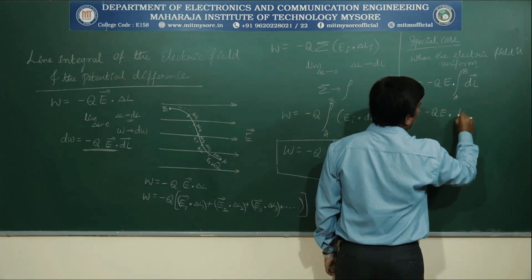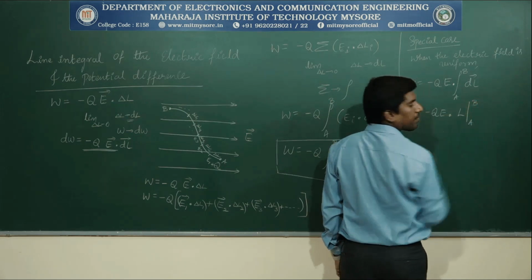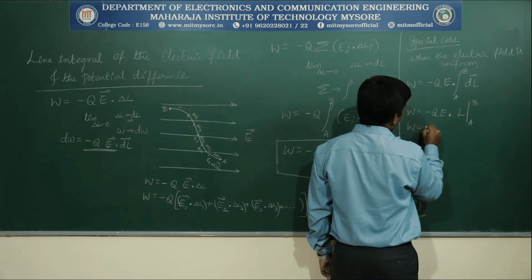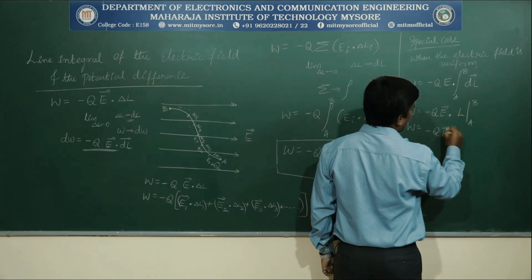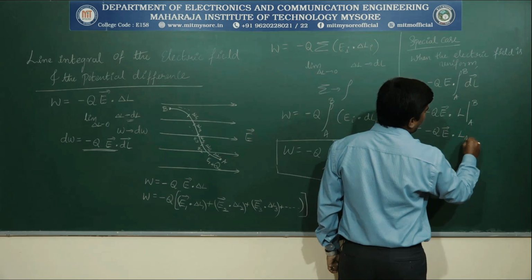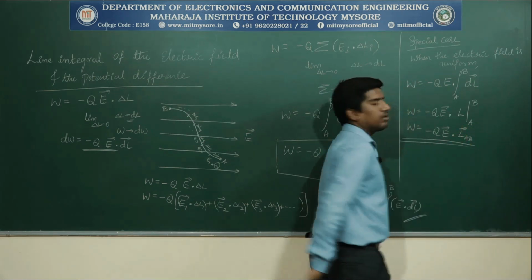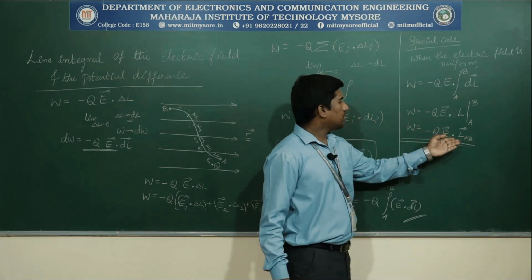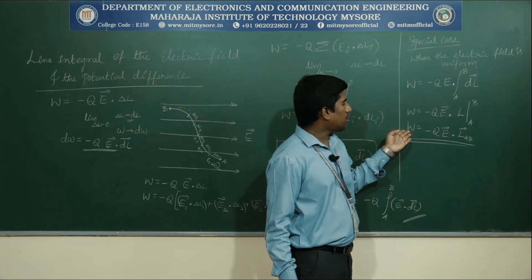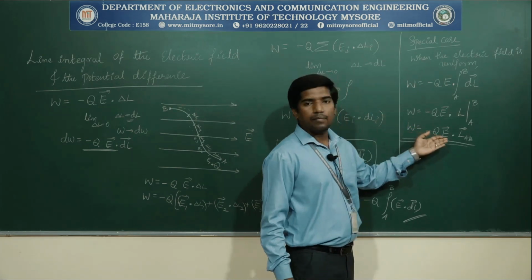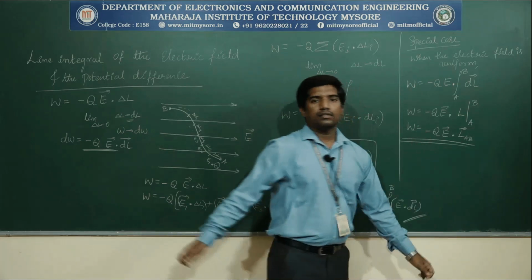E dot L from A to B. Then W is equal to minus Q times E dot L from A to B. This is what we are going to get. We can easily substitute this equation in order to calculate the work done or potential difference when the electric field is uniform. Okay, thank you.